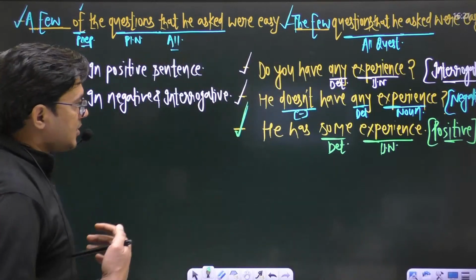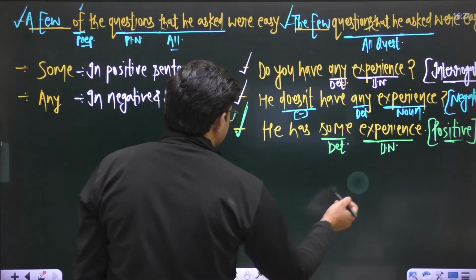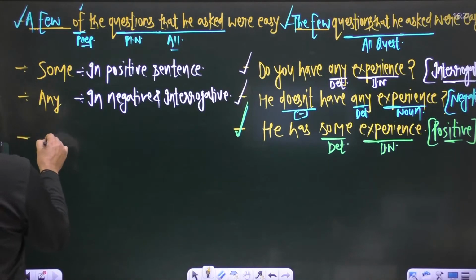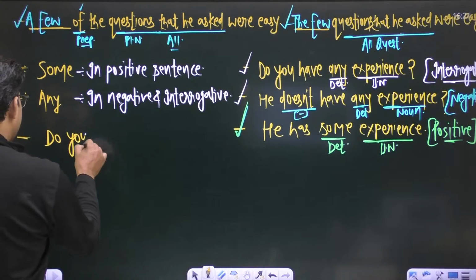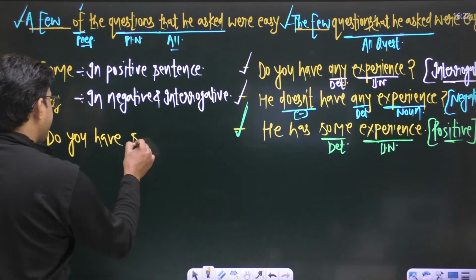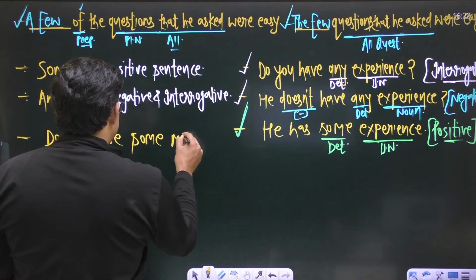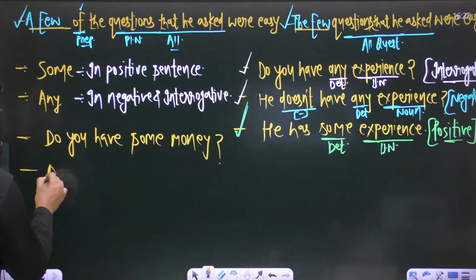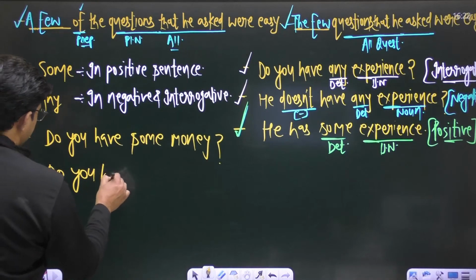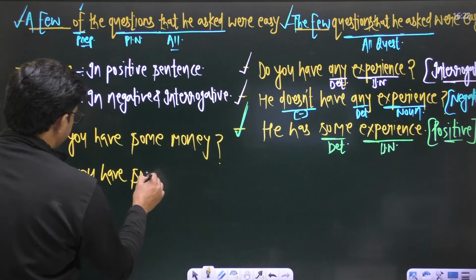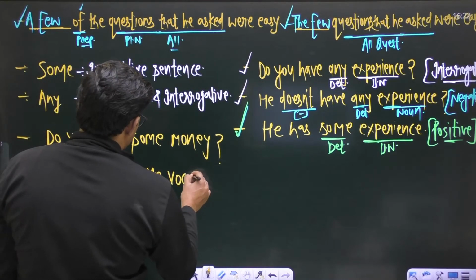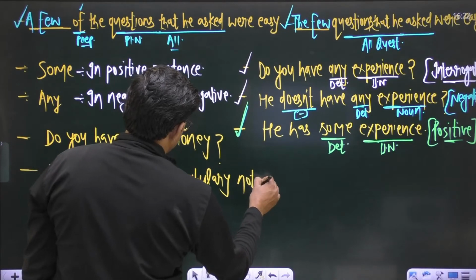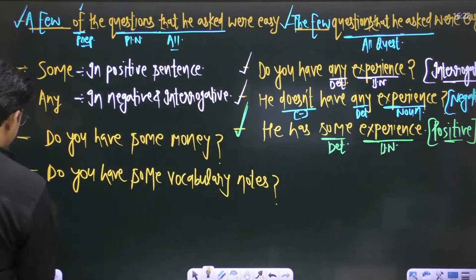Okay, some of the different cases, if you talk about some and any, I have a sentence. Do you have some money? Another sentence, do you have some vocabulary notes?